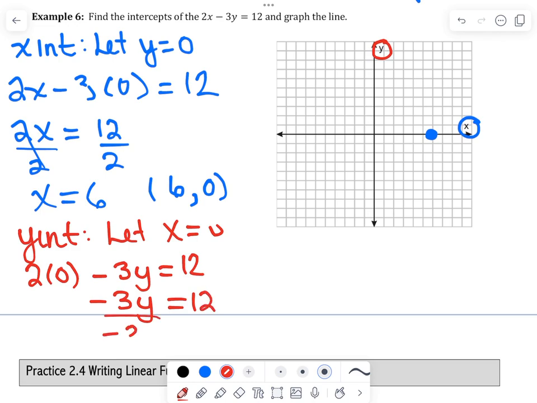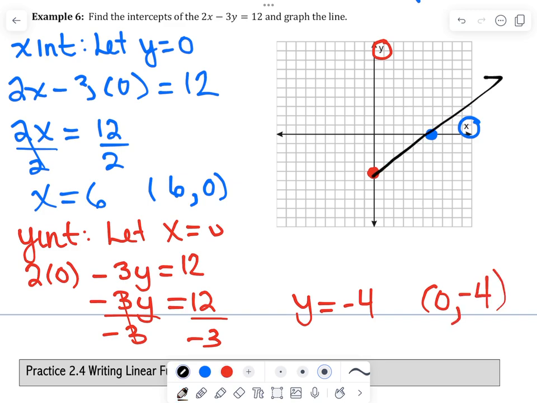We divide by -3. And we get y equals -4. So on the y-axis, we're going to go down 4. So that ordered pair is over 0, down 4. Now we just go ahead and connect those 2 points that create our line.